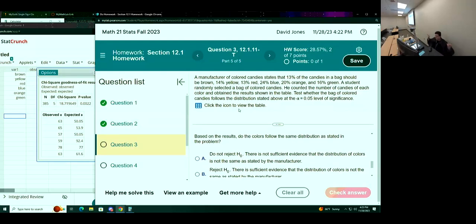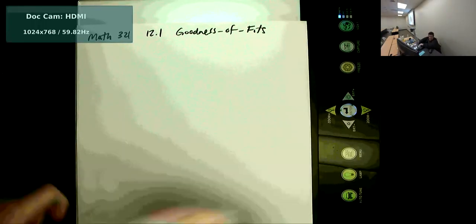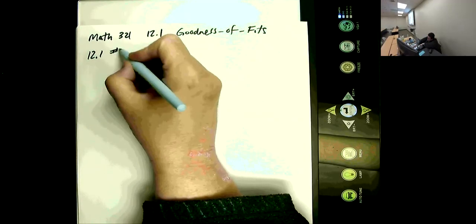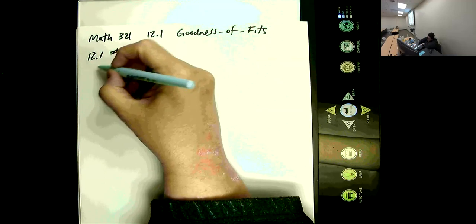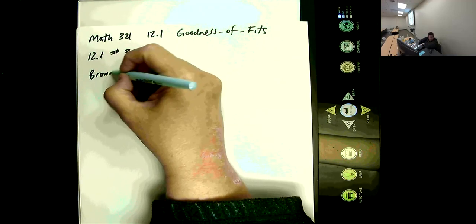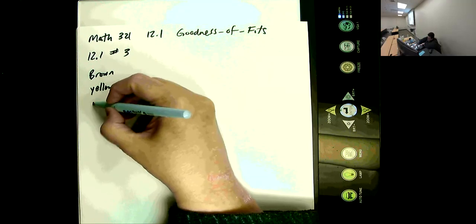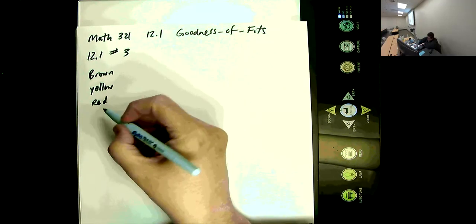So we come down to making a decision. This was 12.1, number 3. We had brown, yellow, red, blue, orange, green.